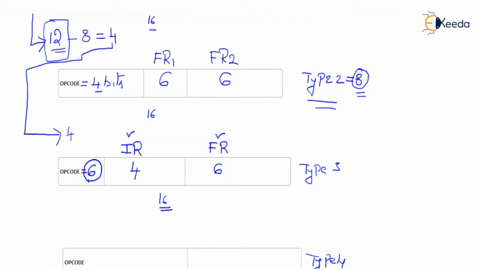So the opcode is equal to 6 digits, which we divide as 4 plus 2. Why are we dividing it into 4 plus 2? Because in the first 4 digits, some combinations are already used in type 1 and type 2. All the combinations are not available. Some combinations are already used after encoding type 1 and type 2 instructions.